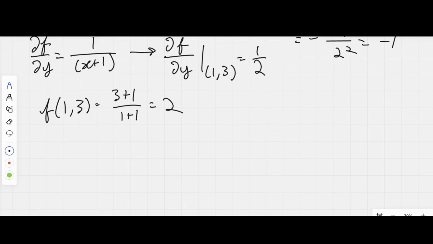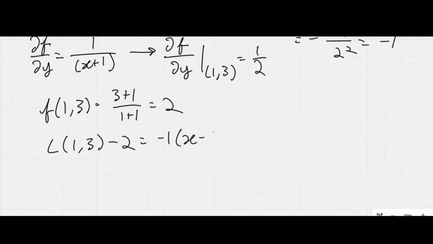So the linearization is going to be, well, L of (x, y) is going to be equal to negative 1 times (x minus 1), because we're using the x coordinate of the given point, which is 1, plus 1/2 times (y minus the y coordinate, which is 3).